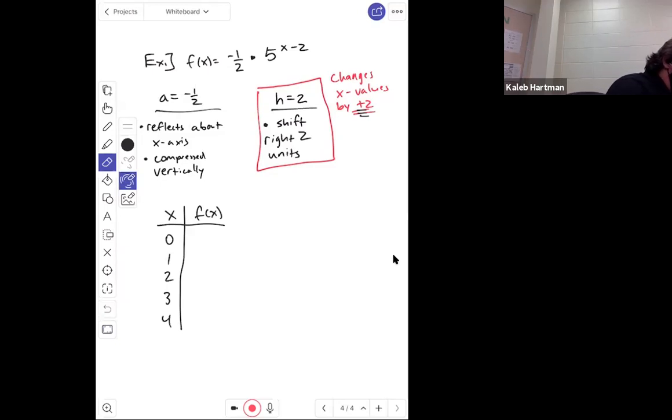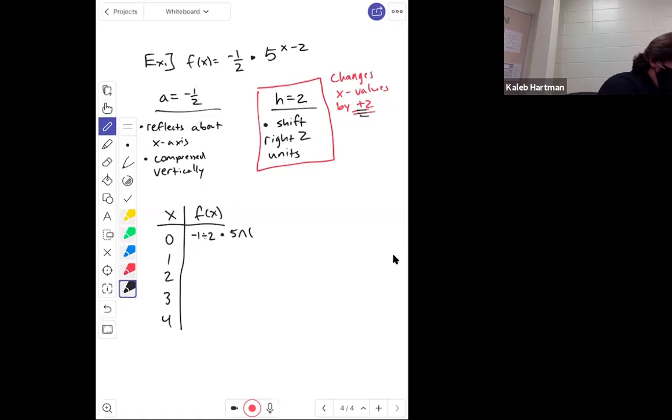So how I would plug this in on the calculator, guys, you're going to go -1 divided by 2 times 5, and you have to go to that caret button. We got 0 minus 2 in the exponent because we're substituting it for x.